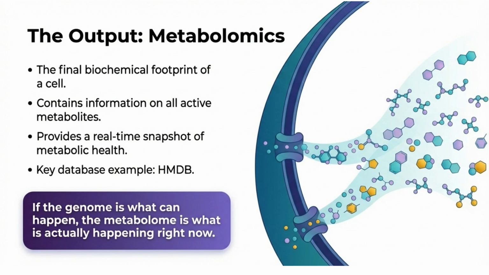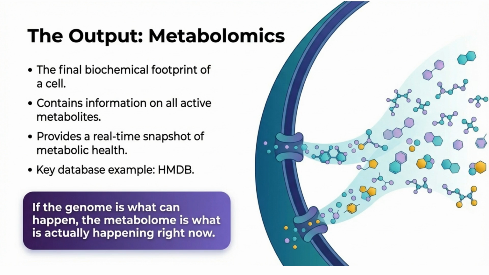The Human Metabolome Database, or HMDB, is one of the major resources in this field. It provides information on human metabolites, their structures, biological roles, and disease associations. This makes metabolomics especially valuable for studying physiology, disease states, and treatment responses. If you look at the slide, the key message is that metabolomics captures the biochemical outcome of cellular function.